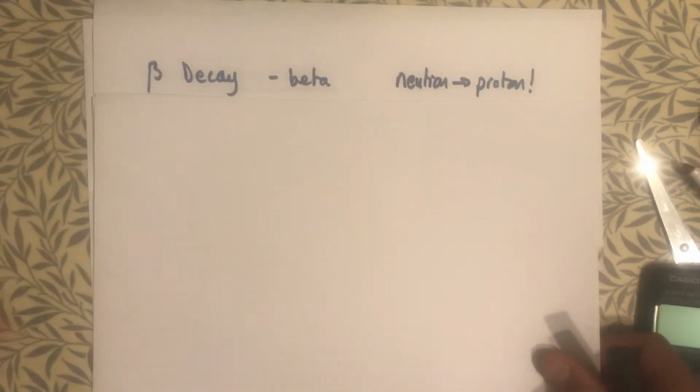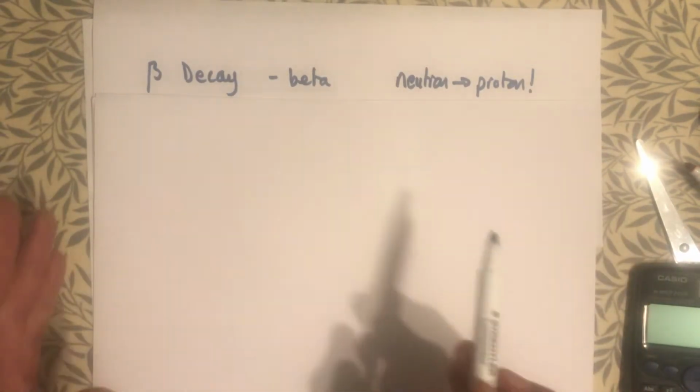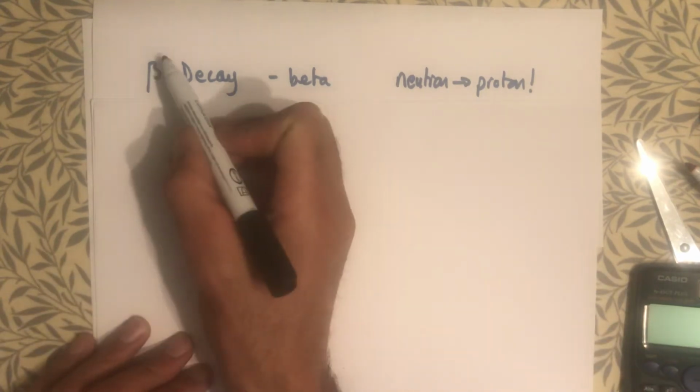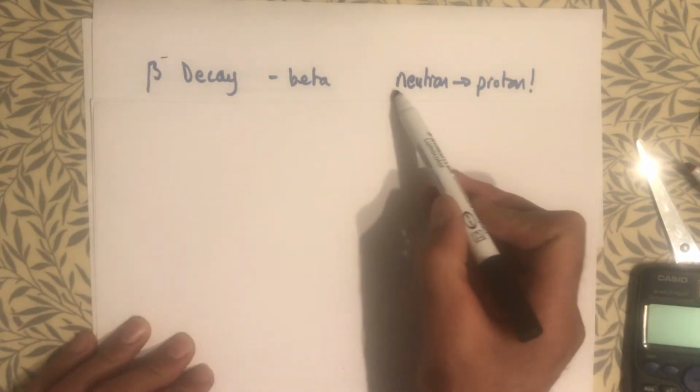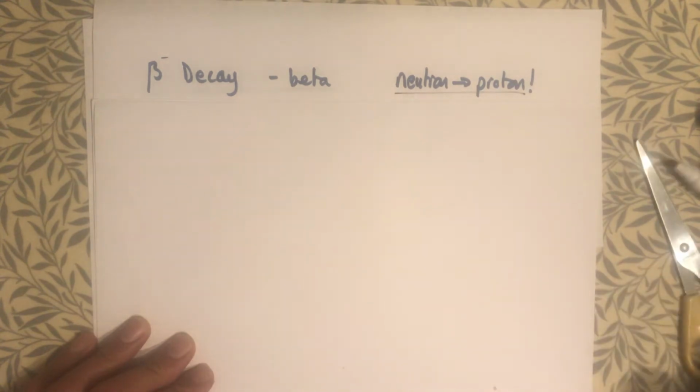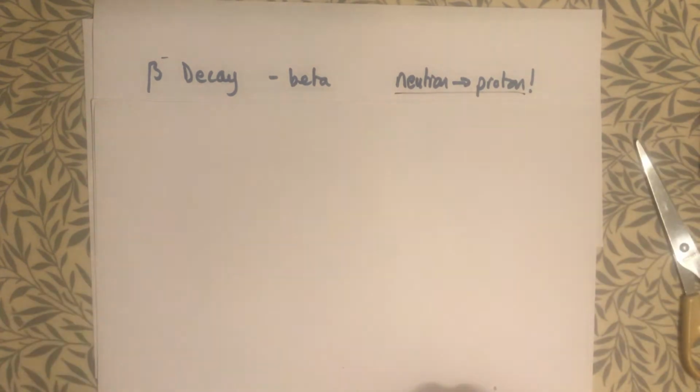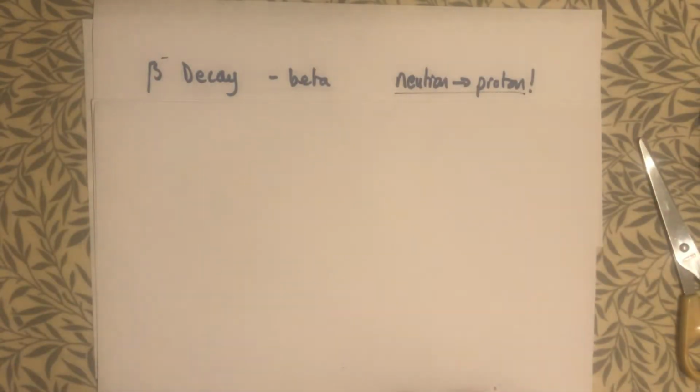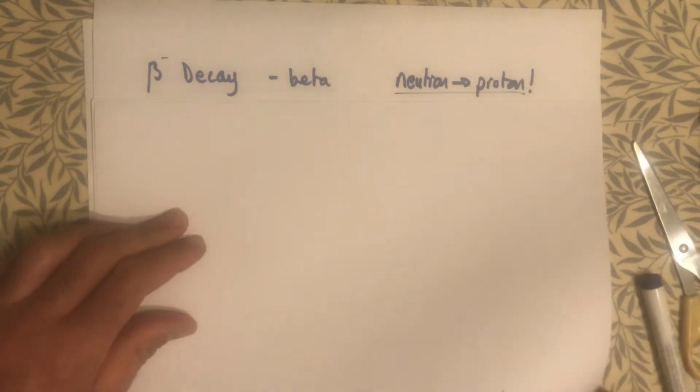Now, there are 2 types of beta decay, but we only do the one that's called beta negative. And in this one, a neutron becomes a proton. That might seem a bit strange, but it is clearly a possibility as it's happening all the time around us. So, our neutron becomes a proton. What will that look like then?